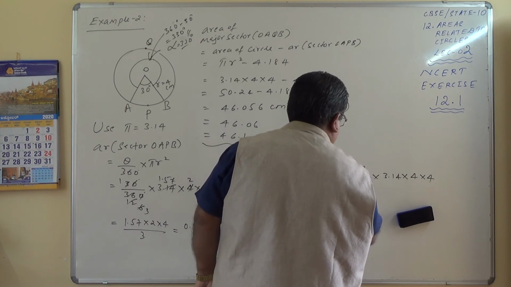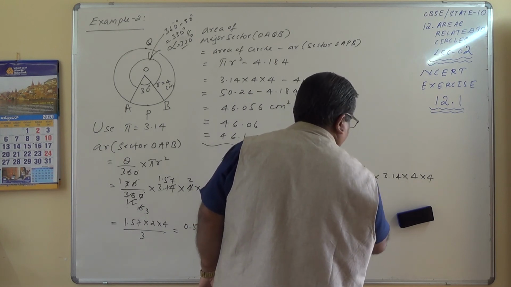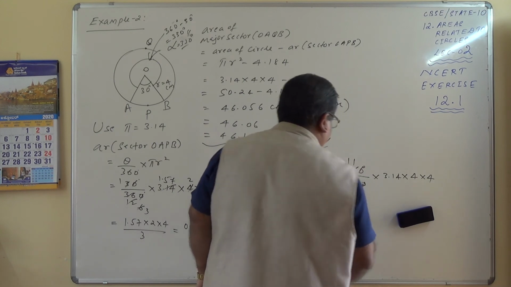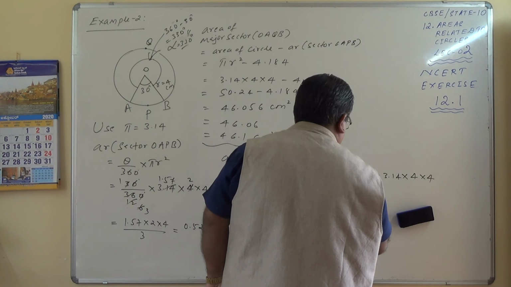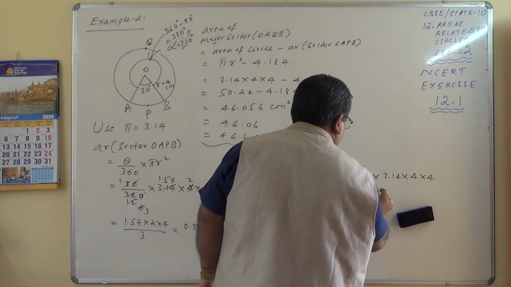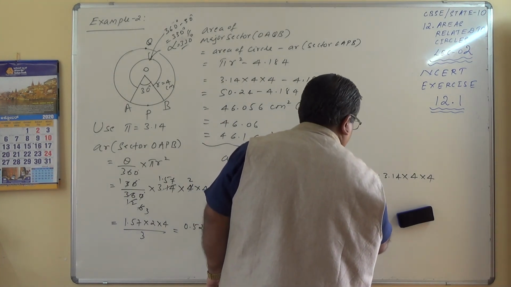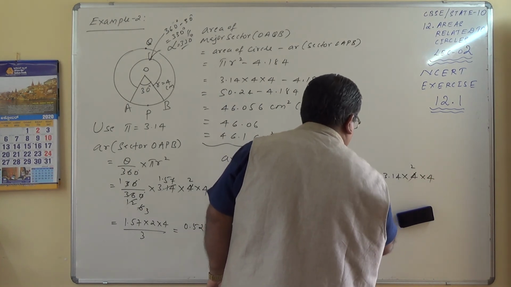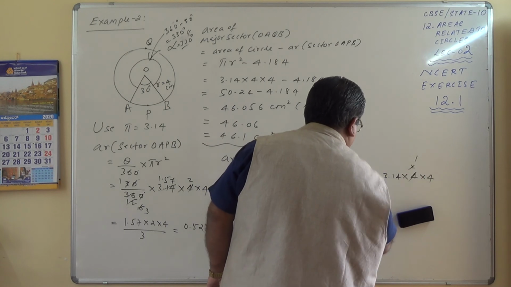3 ones are 3, 3 twos are 6. Okay, this is 0.12. 2 twos are 4, 2 ones are 2, 2 threes are 6.